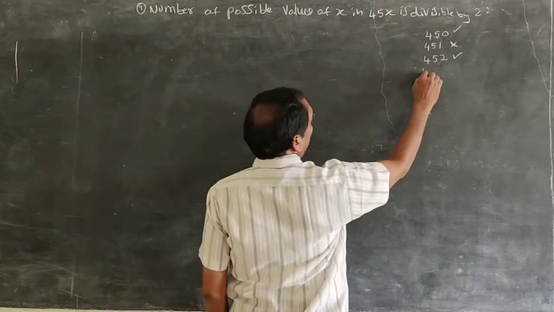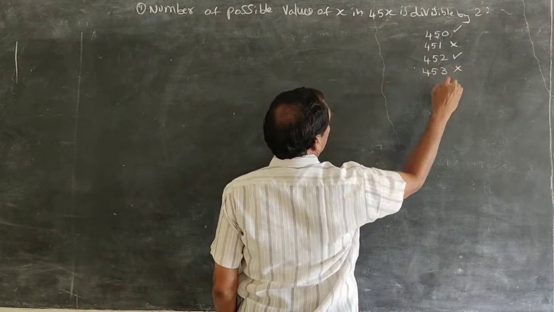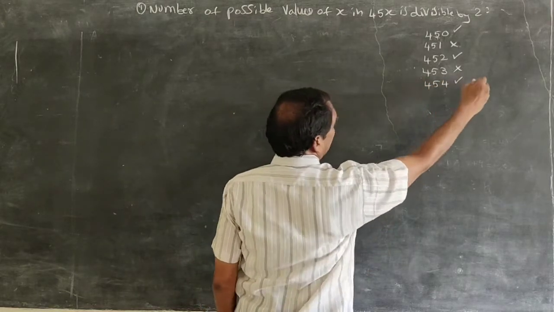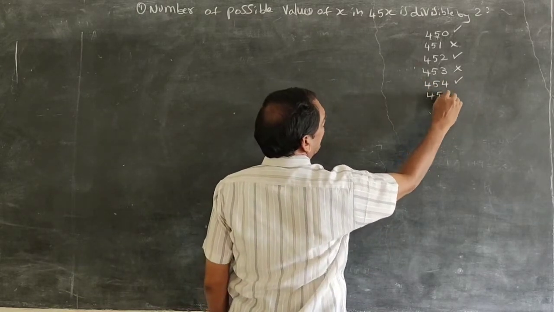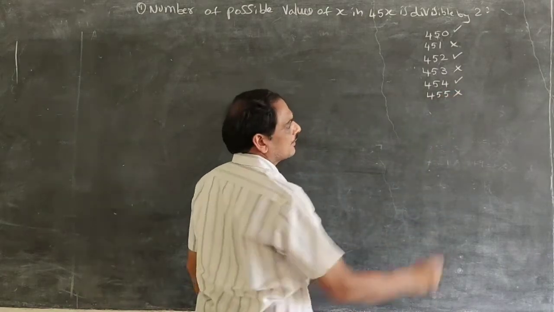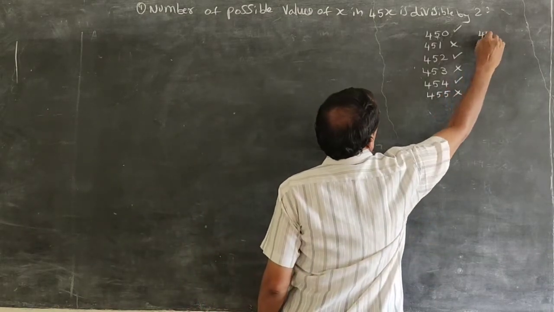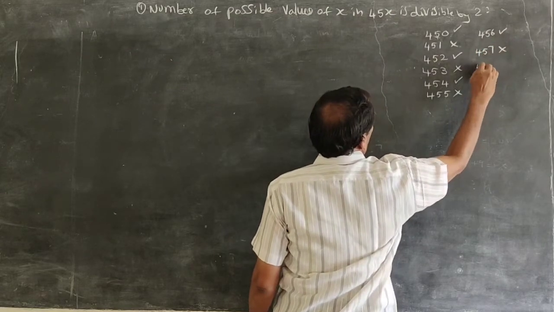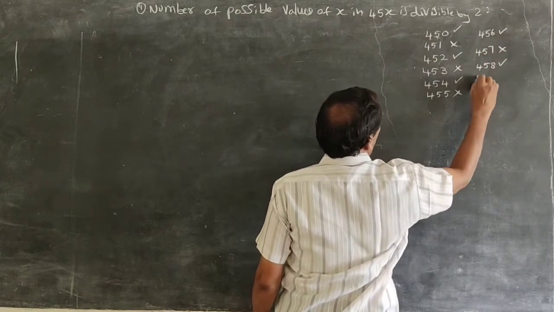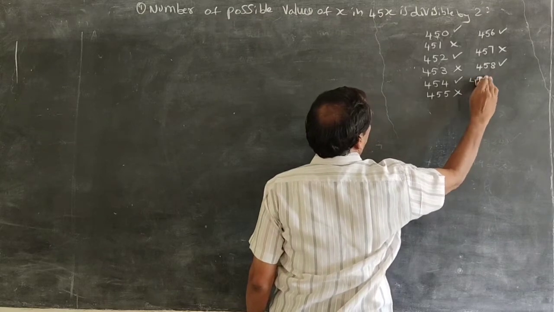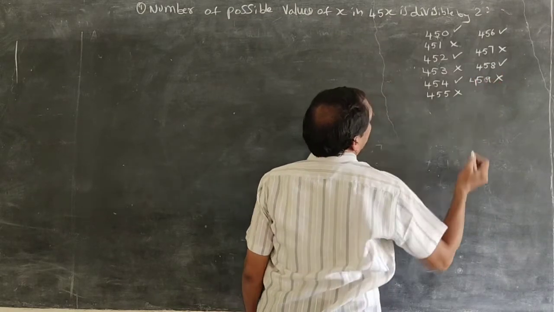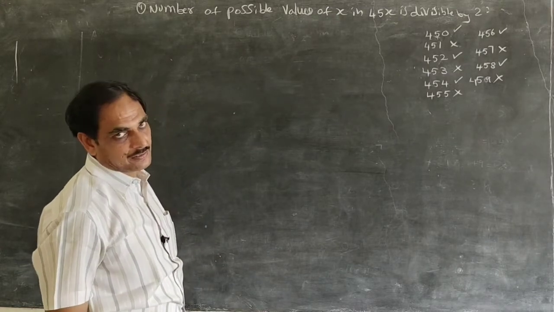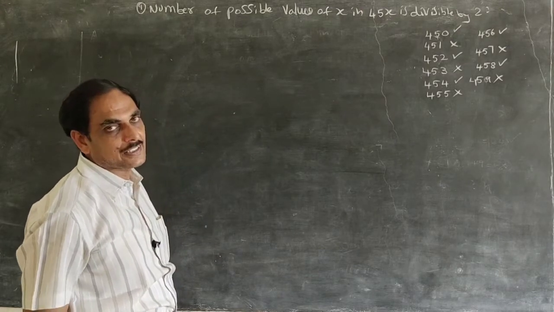Next, 453 not divisible by 2. 454 divisible by 2. 455 not divisible. 456 divisible. 457 not divisible. 458 divisible. 459 not divisible. So, we cannot substitute x equal to 10 since x is a single digit number.